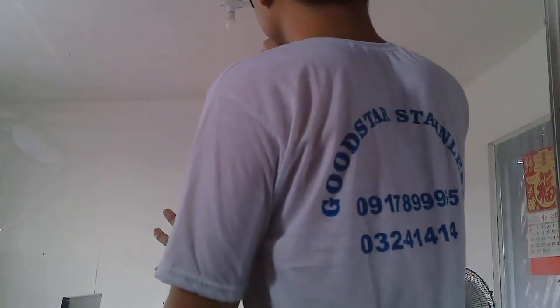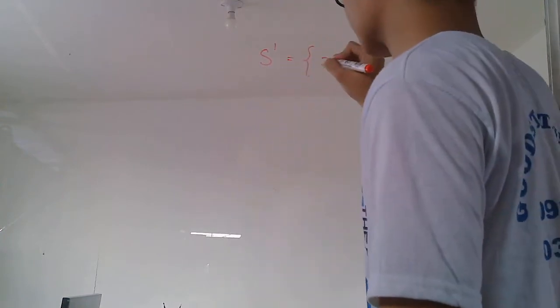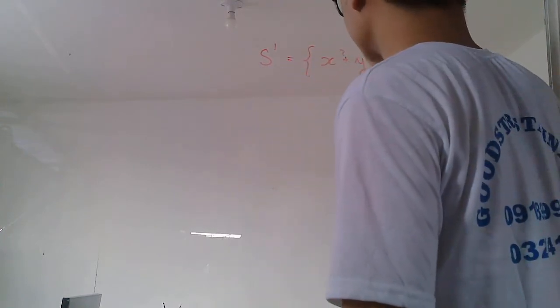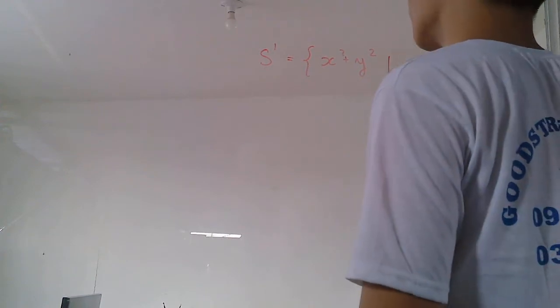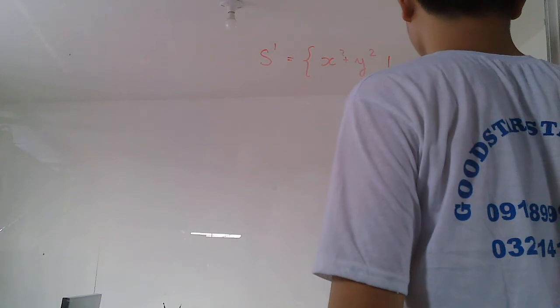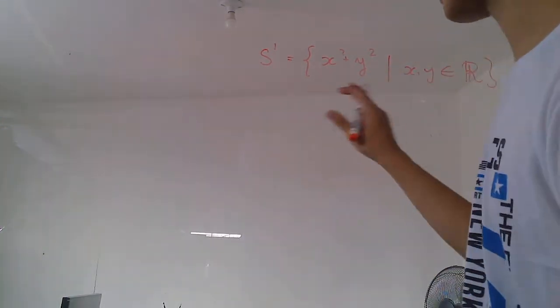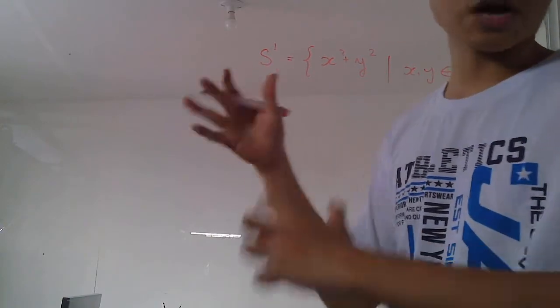So we know that S1 is a manifold, and its chart is basically x squared plus y squared, such that x, y is an element of the real numbers. This is our atlas for S1, a way to describe S1.